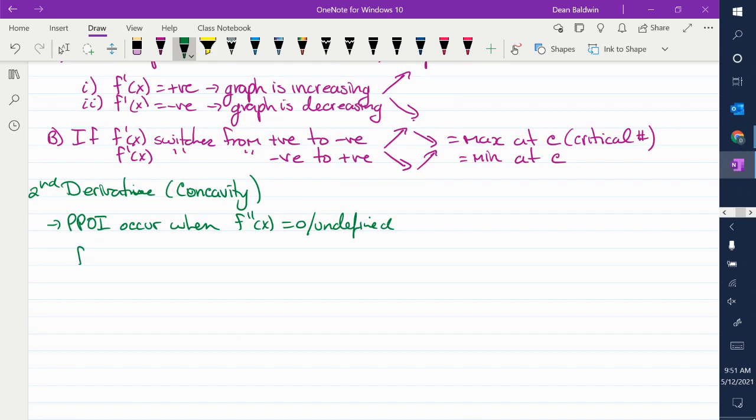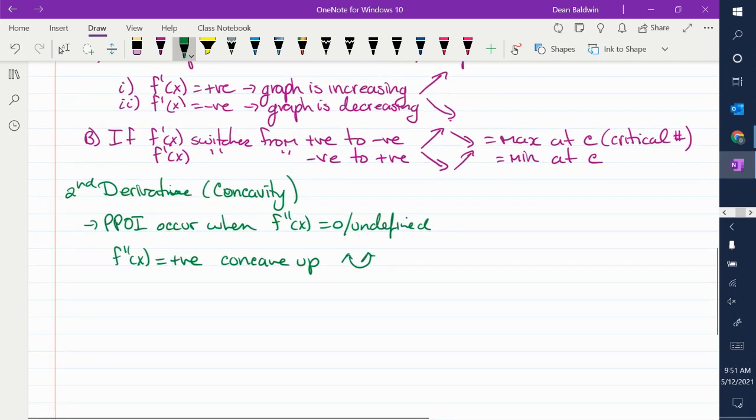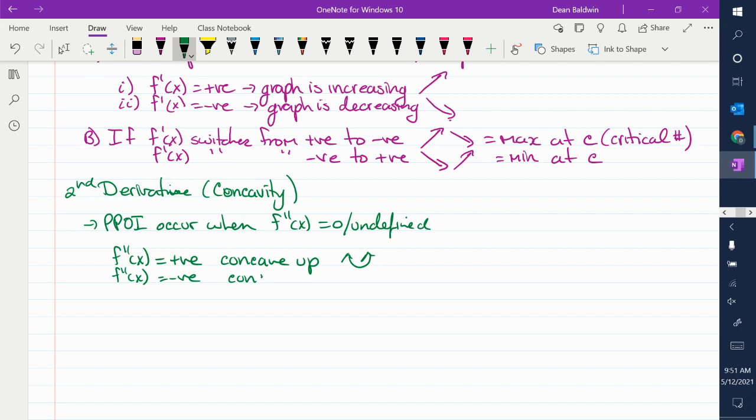So if the second derivative is positive, you're concave up. The graph has a curvature that's like that. If the second derivative is negative, you're concave down, which is like that.